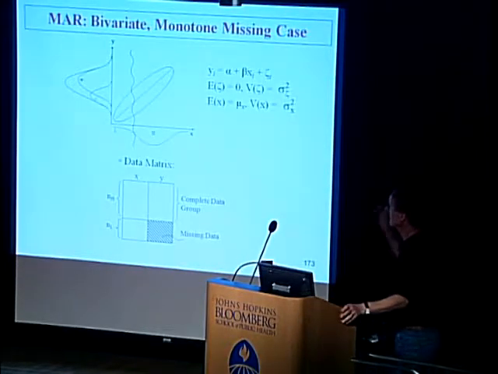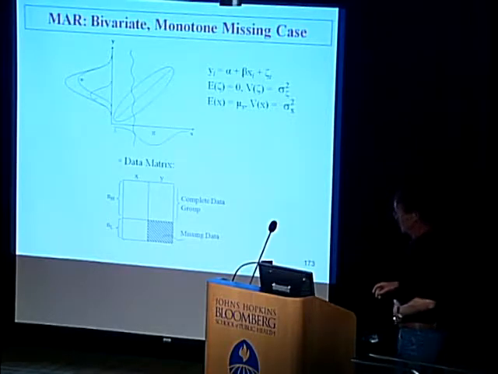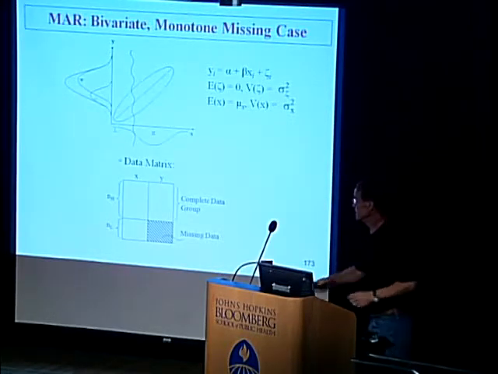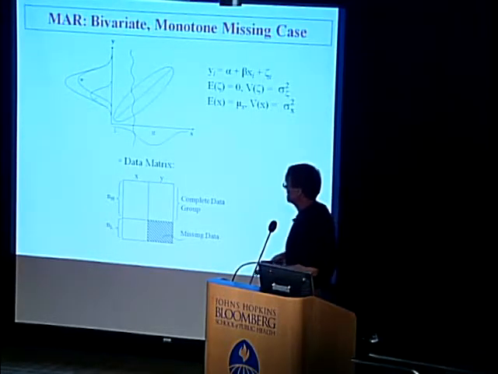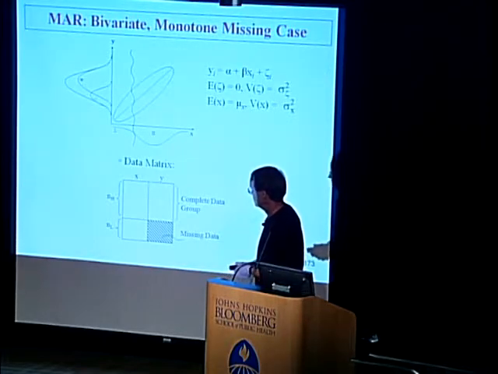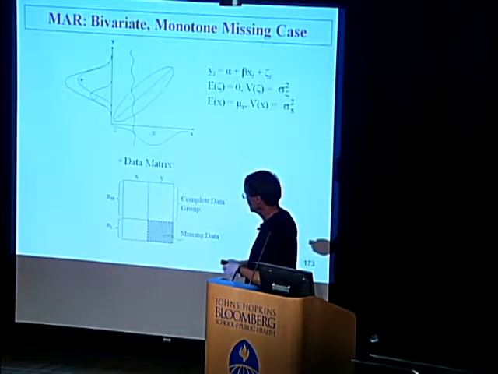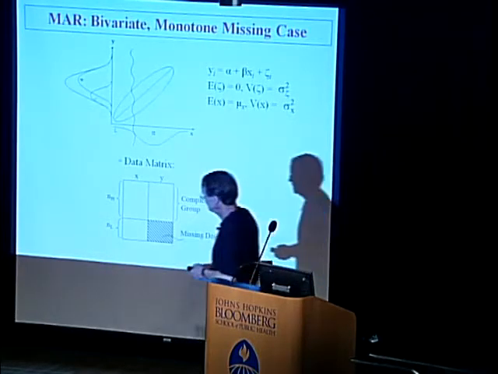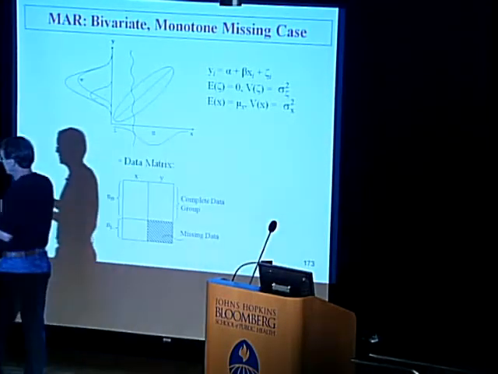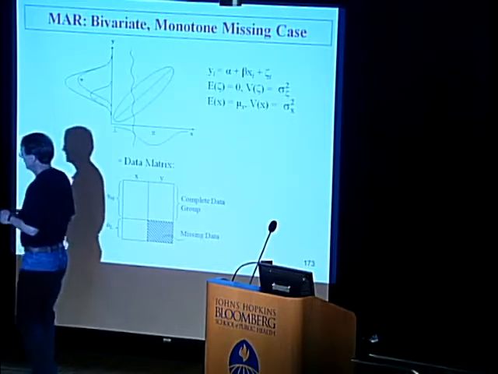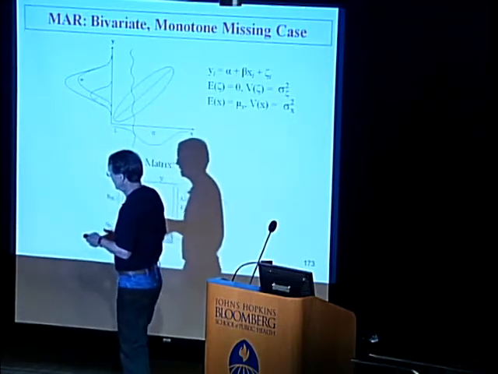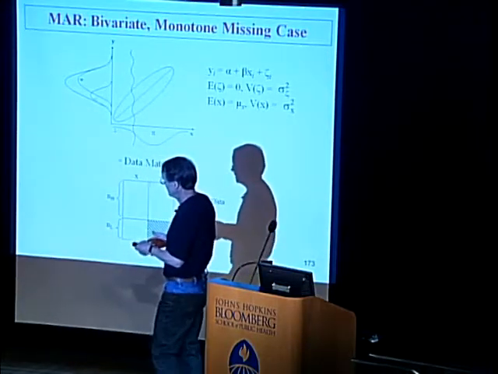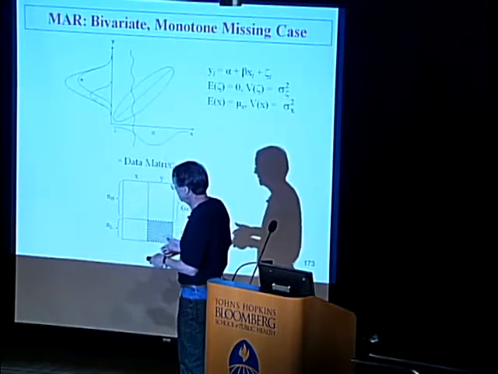So let's look at this. Here's an interesting case which is sort of the essence of the MAR advantage over listwise. Look at this data matrix, bottom left. You have two columns, X and Y, two correlated variables, and you have two groups of people, NH and NL.